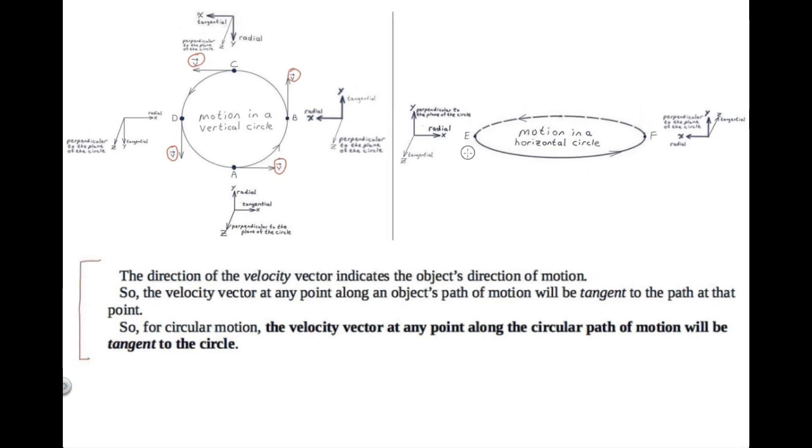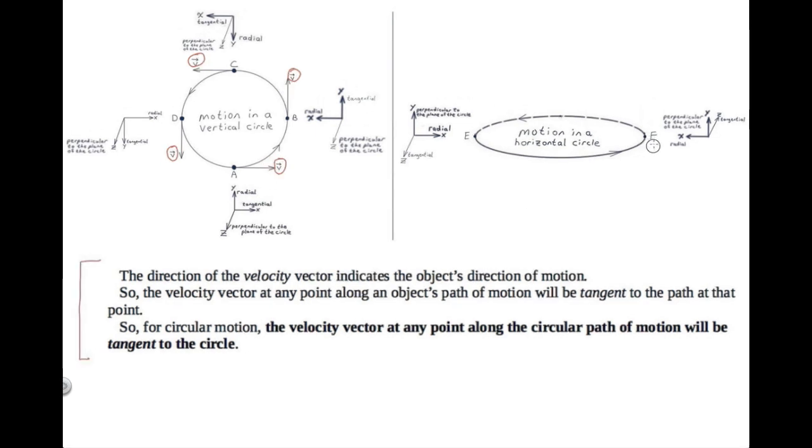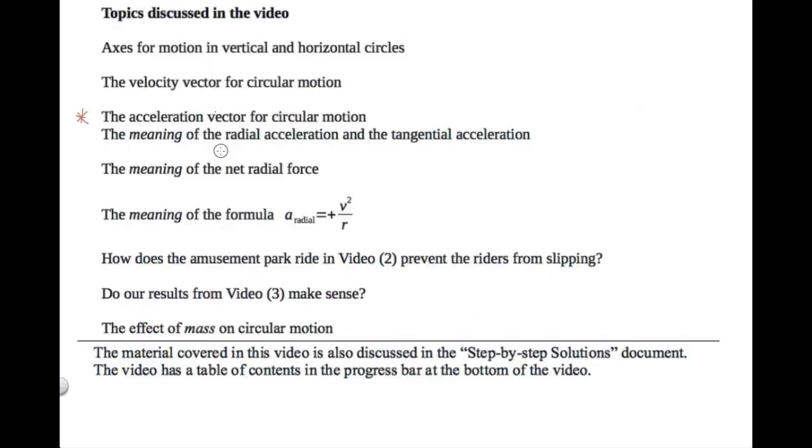So the velocity vector at point E will point in the direction of the positive z-axis that we chose for point E. And we can describe the velocity vector at point F as pointing tangent to the circle and directly into the page. So the velocity vector at point F will point in the direction of the positive z-axis that we chose for point F.